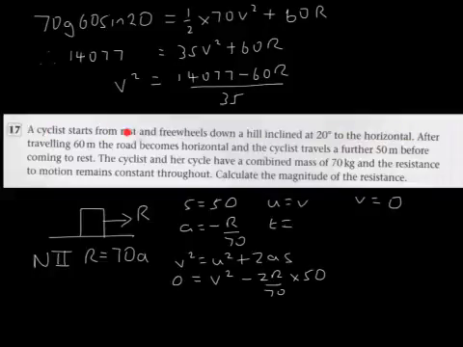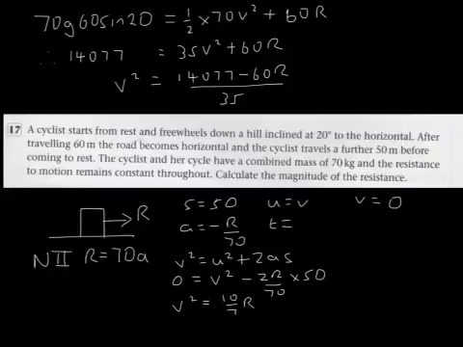At the end of the part where she's coming downhill, we've called that v, so that's the end of the first part, so that v is the start of the second part over here, so that's why u is v and why we've got that bit here. So from this equation we can say that v squared is 2R times 50 over 70, 2 times 50 is 100, so it's 10/7 of R.